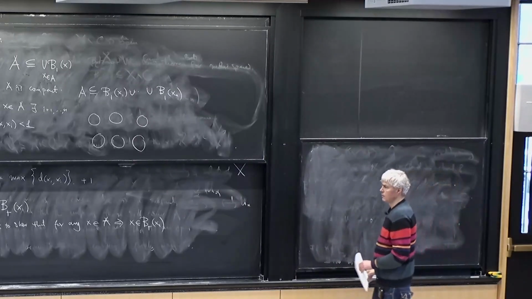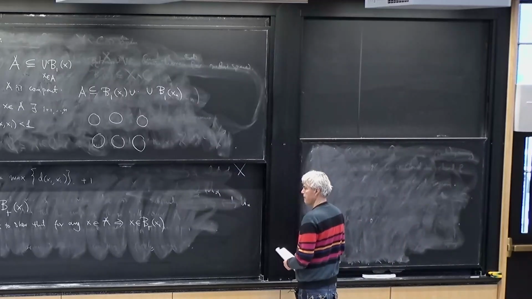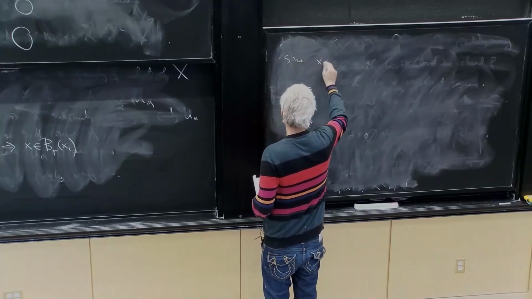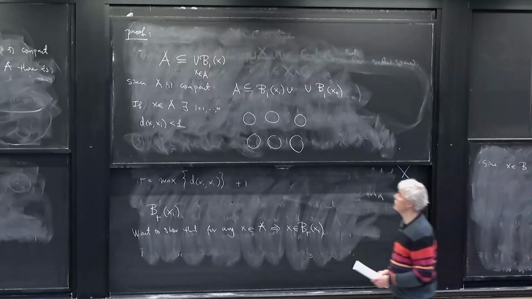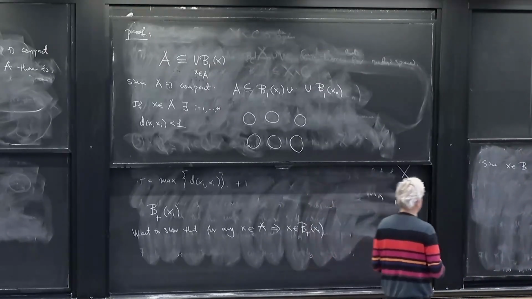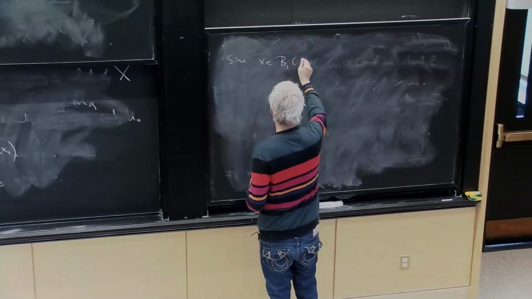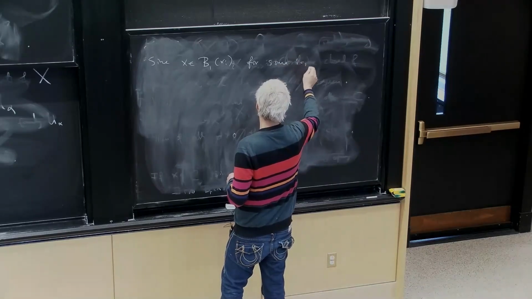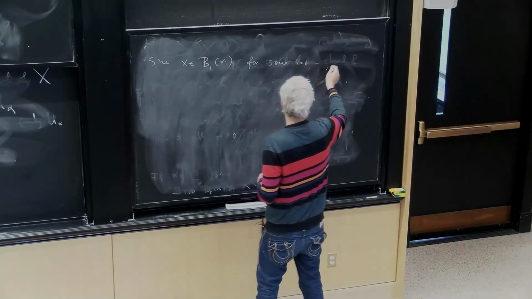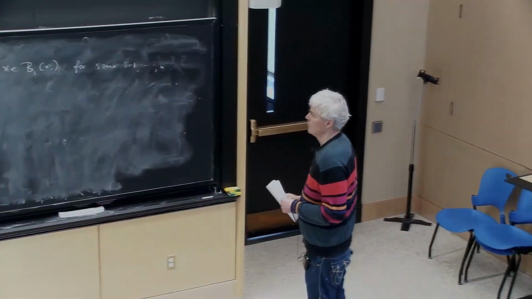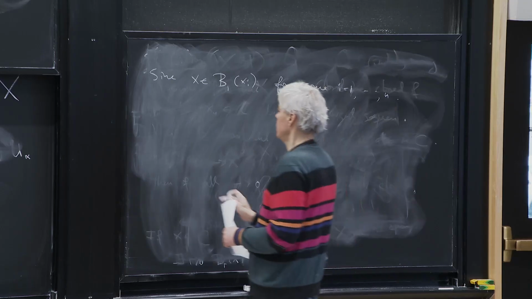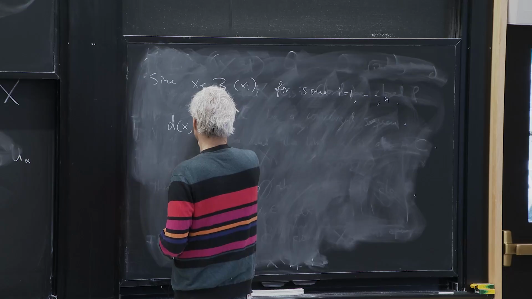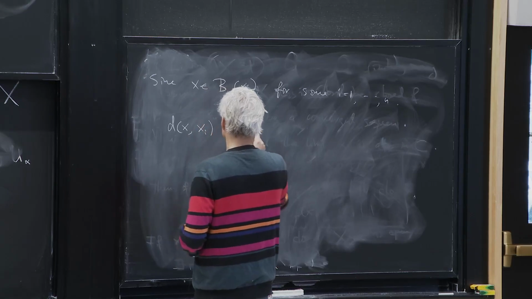Okay. So, right, we know that x is contained in the union of these balls. So x is contained in this ball here for some i, one of these finitely many i's. This means that the distance from x to this x_i is at most 1.